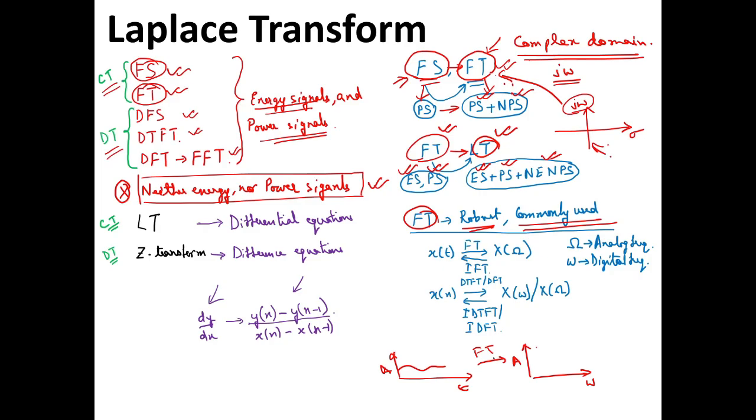By allowing this sigma, this real component, into the Laplace domain, we will see in a few moments that we are allowing the transform to handle even signals which could not be handled using the Fourier transform.